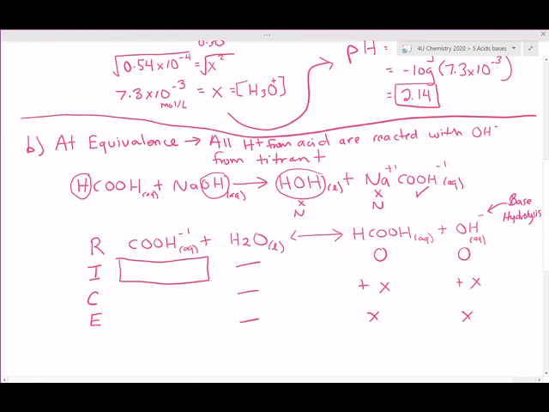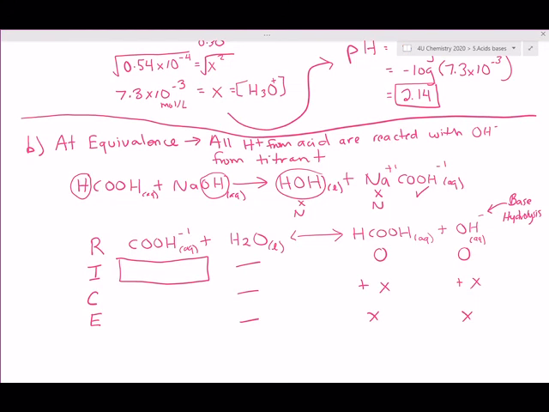We have to figure out what is the concentration initially of that ion. Now, because of the nature of the question we've done, it told you at the beginning that you have a 20 ml sample, but they are matching concentrations if you notice. It was 0.3 mole per liter weak acid and it was 0.3 mole per liter strong base.